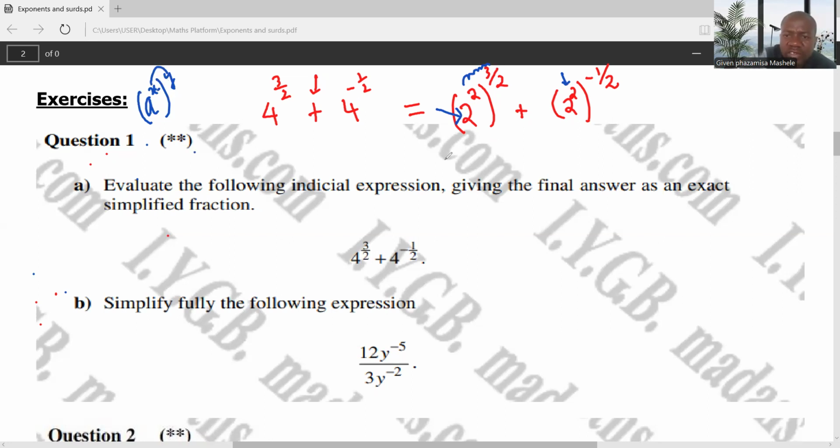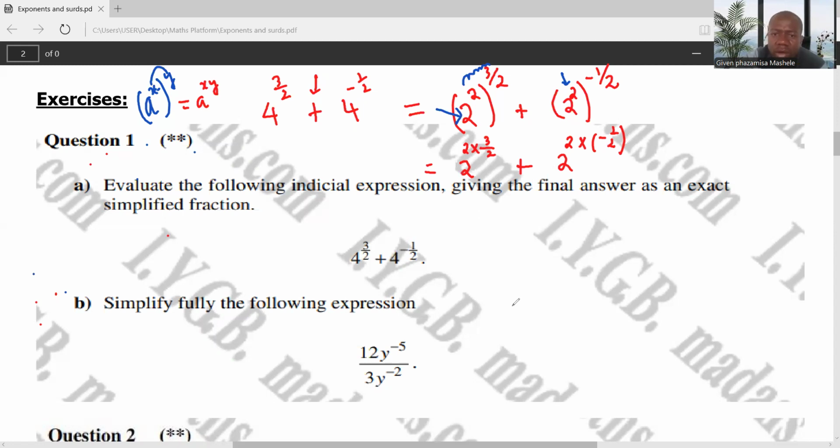So it means this will be 2 to the exponent of 2 times 3 over 2, I'm multiplying the powers, plus 2 to the exponent of 2 multiplied by minus half. You see, I'm using this law.